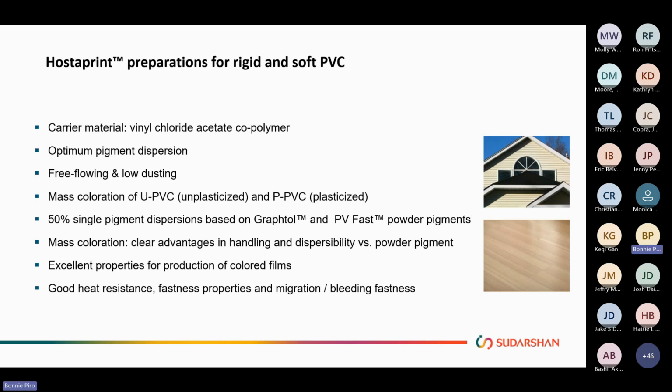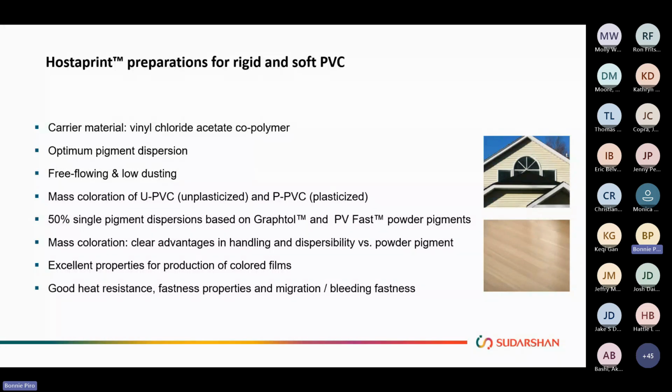Pasta print is another form for both rigid and soft PVC. In here, again, low dusting, free flowing. These are already pre-dispersed, so they're already at their optimum quality. These are the opposite of the Heukoplast.